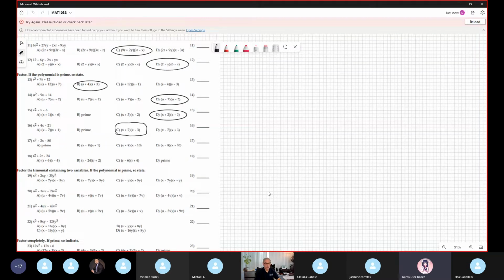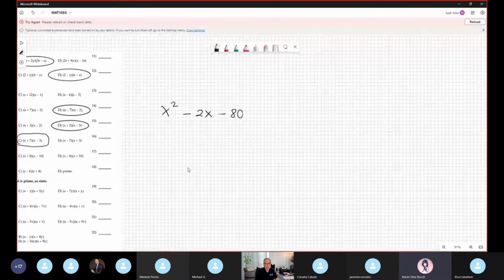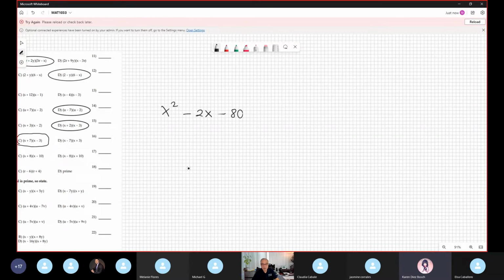Now, 17. 17 is x squared minus 2x minus 80. Wow, what the hell? 80. Entonces now I have no idea. I copy here 80 is 80 times 1, but never do you get to this combination now.